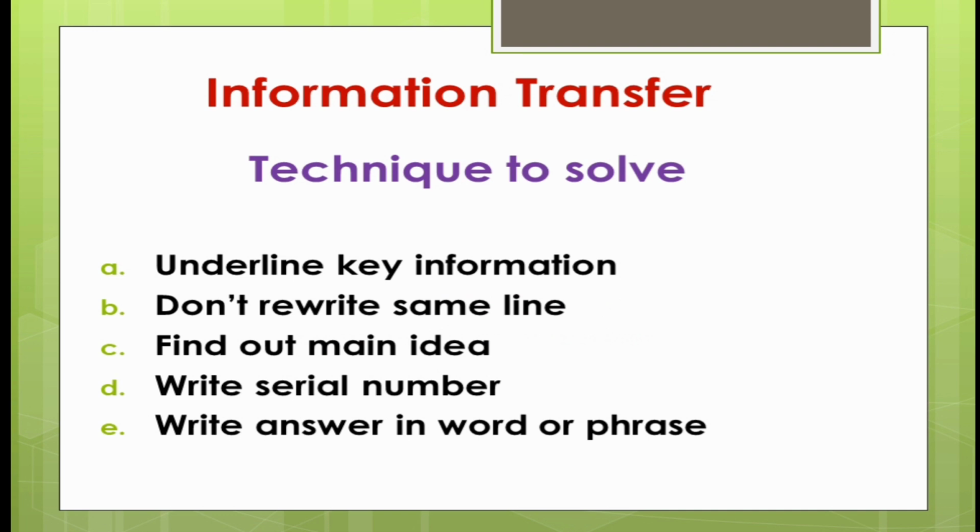Now, how to solve this information transfer? Dear students, when you are reading the passage, please underline the key information. Please remember, don't rewrite the same line, because in information transfer, you have to write only the gist of the main idea. So find out the main idea to write the answer.